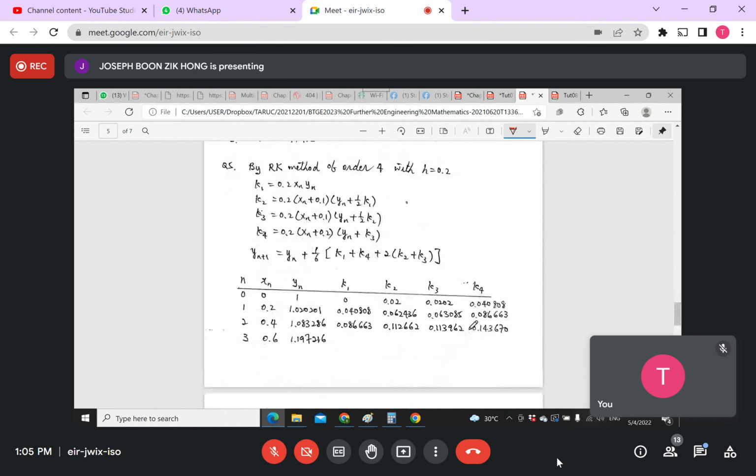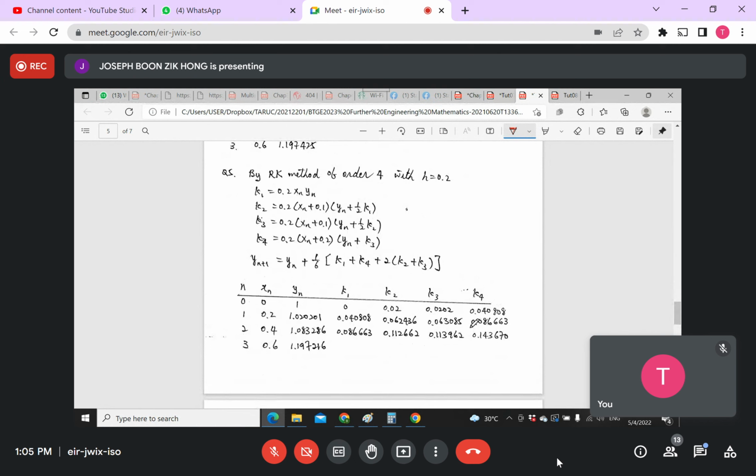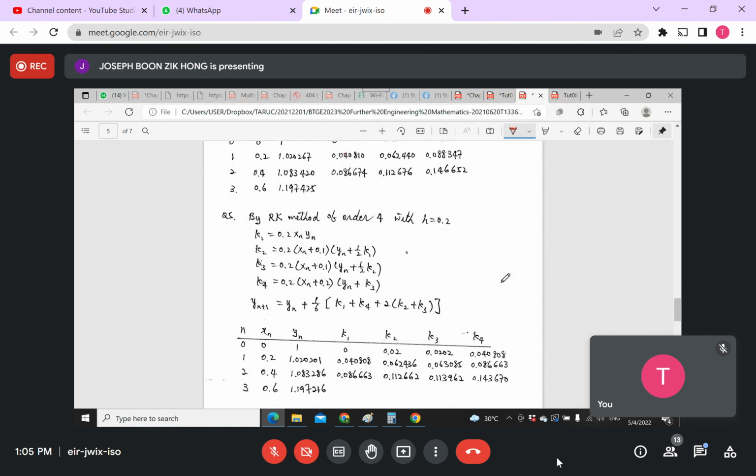Okay, this is the order 4. Basically, you can see the order 3 and order 4, the difference is not big.